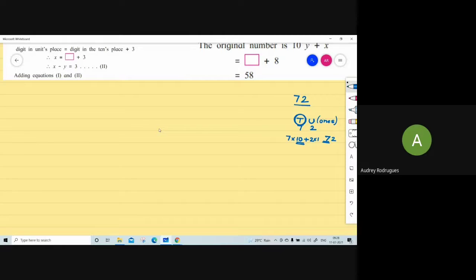So suppose I have the digit as x in the units place and y in the tens place. What will be my number? 10y plus x.